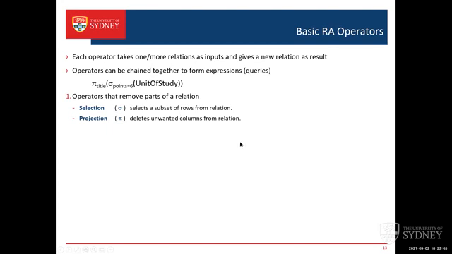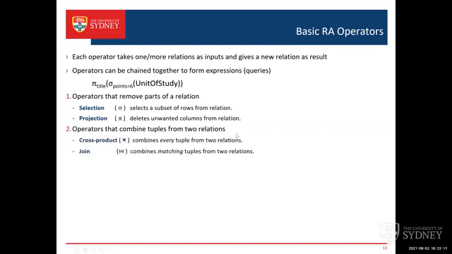Very simple thing. When we have more than one table, we need to join those tables. To join those tables, we will have two operators. The first one is known as cross product, and the second one is known as join. Cross product simply means we will combine all the tuples from these two relations. Join means there will be matching, some condition checking, whether this condition is true or false, those sorts of things we'll learn.